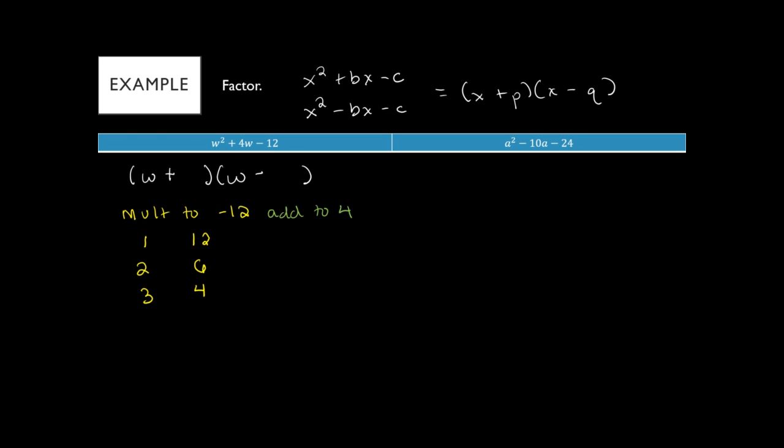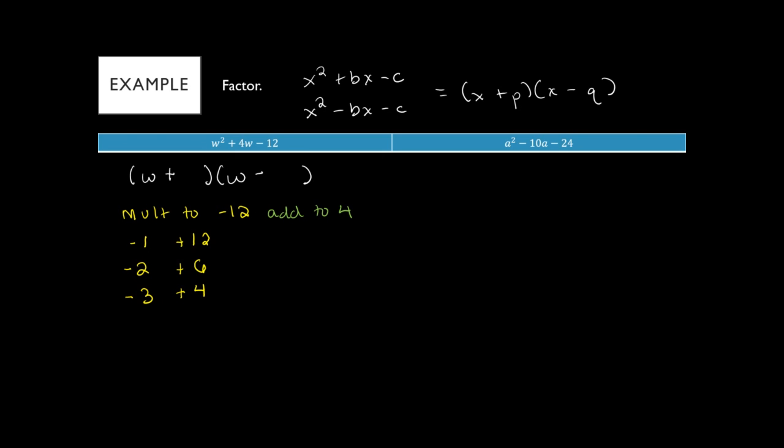Negative 3 or negative 4? The rule is that the bigger of the two numbers in the pair is the same sign as the middle term. So our middle is positive, so the bigger of the pair is going to be positive, which means the smaller number is going to be negative.